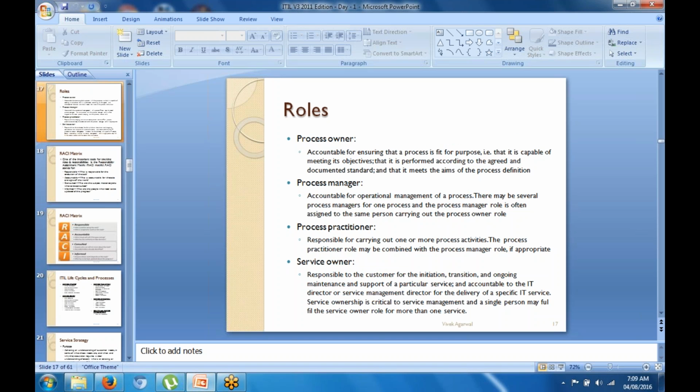A process owner is accountable for ensuring the process is fit for purpose, that is capable of meeting its objectives, that it is performed according to the agreed and documented standard, and that it meets the aim of the process definition.